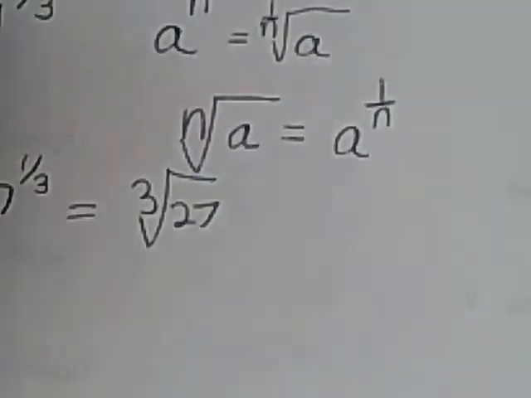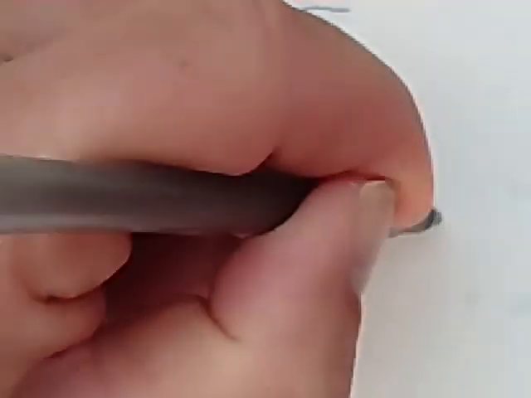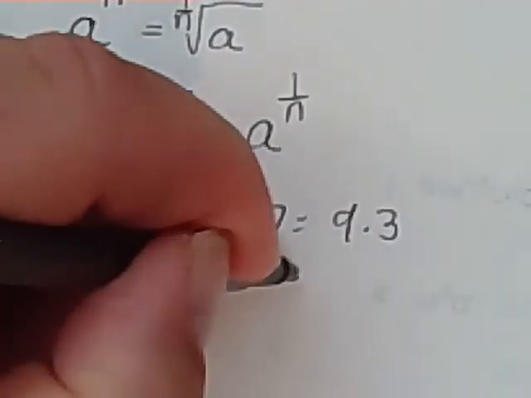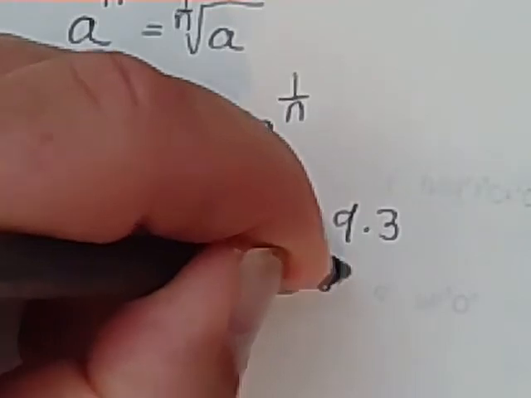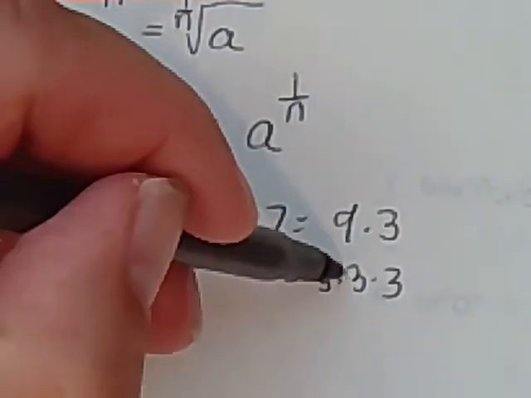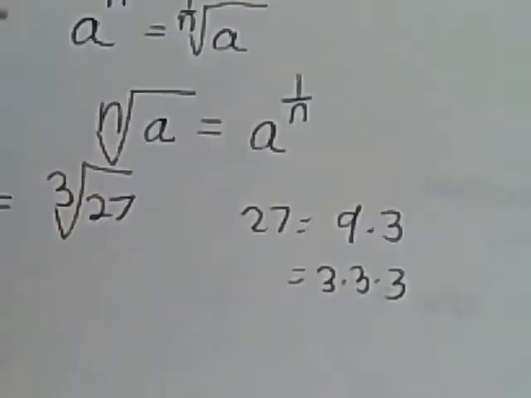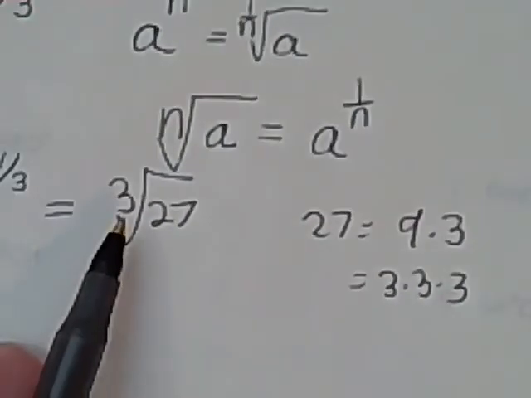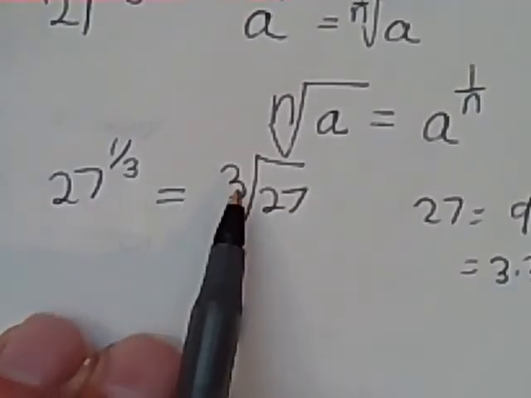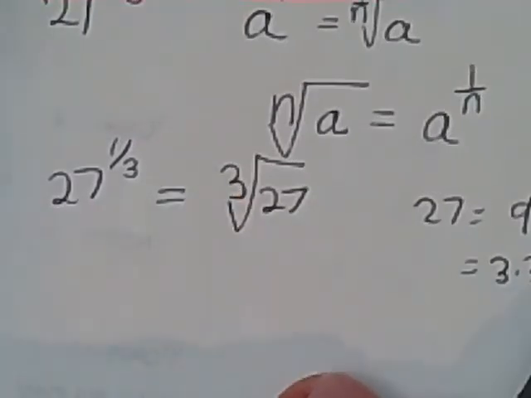I know that 27 is equal to 9 times 3. I know that 9 is 3 times 3. So 27 is 3 times 3 times 3. So the cube root of 27 is the cube root of 3 cubed.